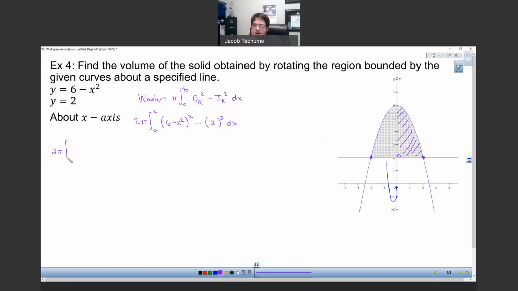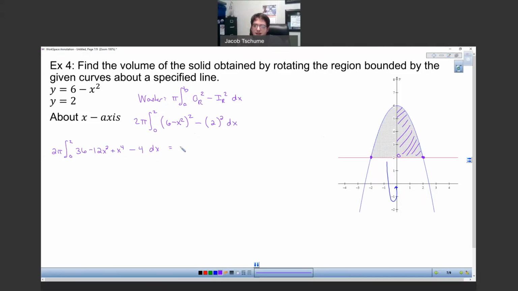That would be 2 pi times the integral from 0 to 2. You would need to FOIL 6 minus x squared by itself, which would be 36 minus 12x squared plus x to the 4th. And then I would subtract from that 2 squared, which is 4.